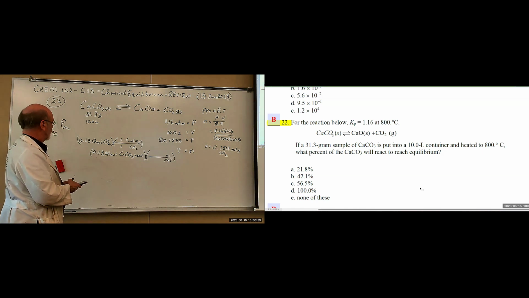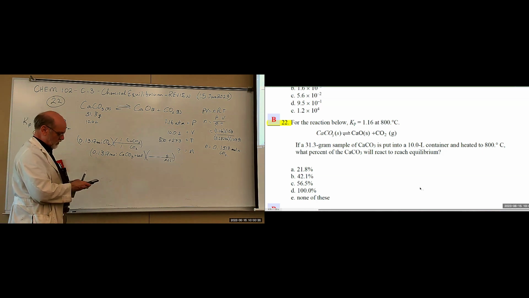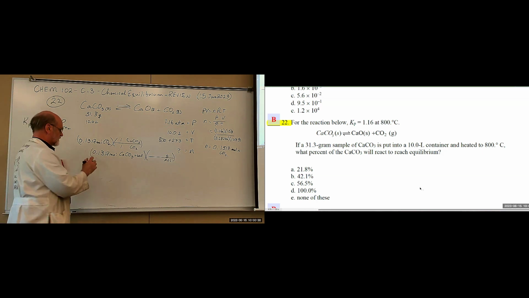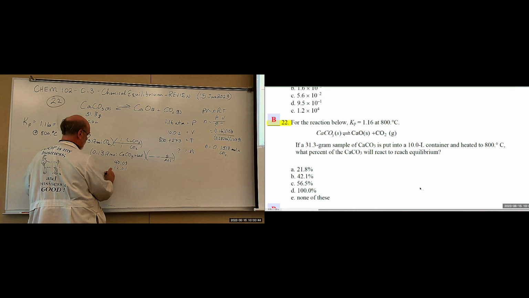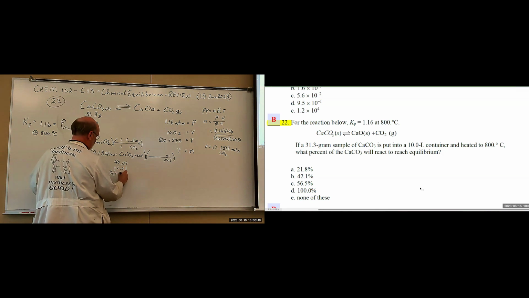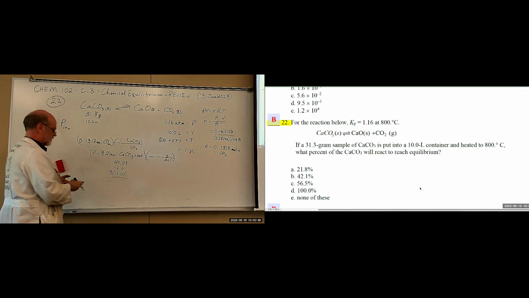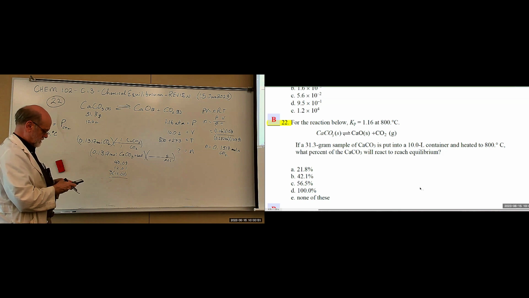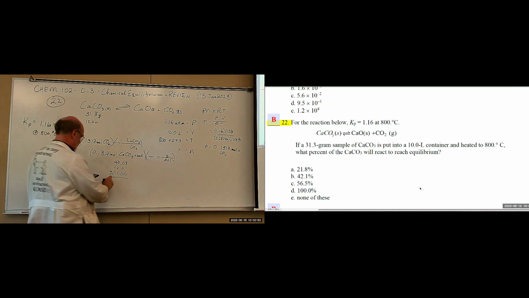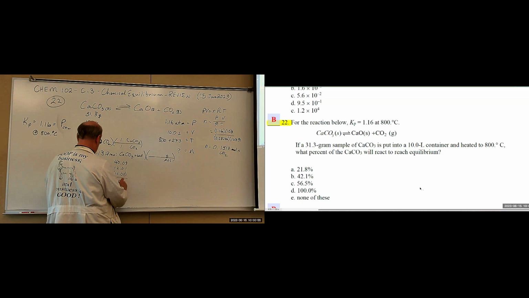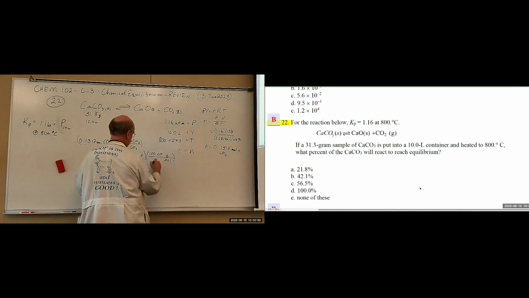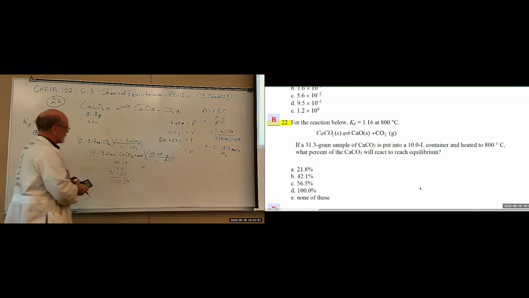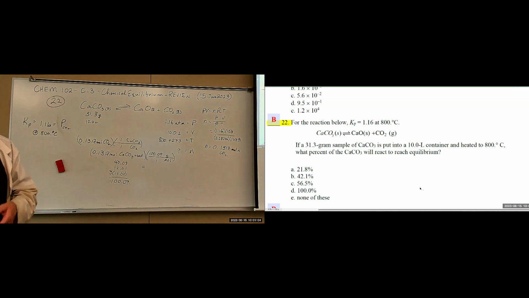And carbon is 12.01 added. 40.08, 12.01 for the carbon, and 3 times 16 for the oxygen, which is 48. So I get 100.09. So that gives us how many grams of calcium carbonate were consumed in the reaction.